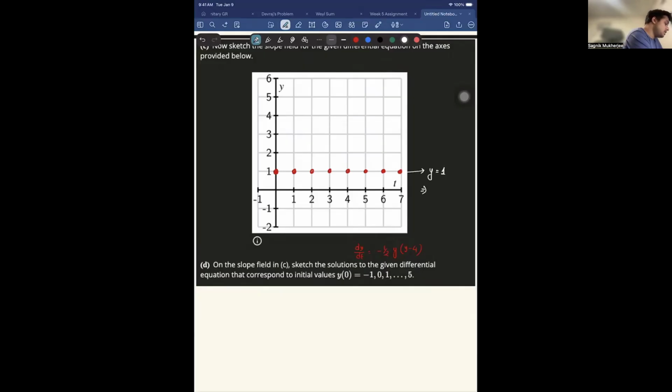Now when y is 1, what is dy/dt? According to the formula, it is negative half times 1 minus 4. So it is 3 over 2, right? Meaning the tangent lines would look like this.